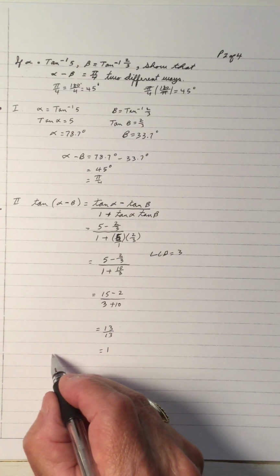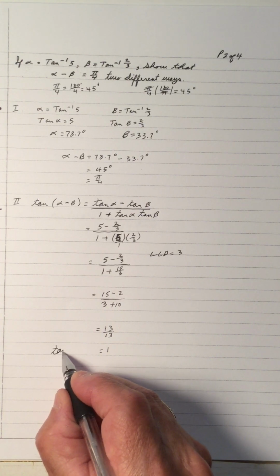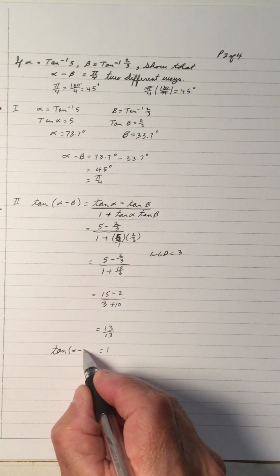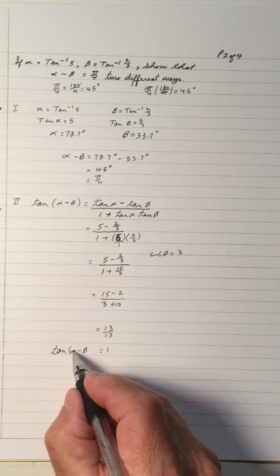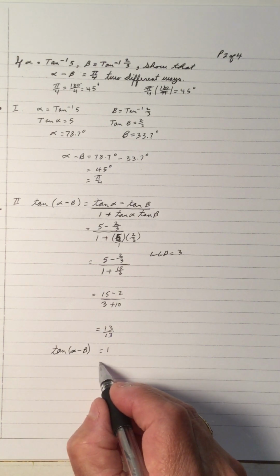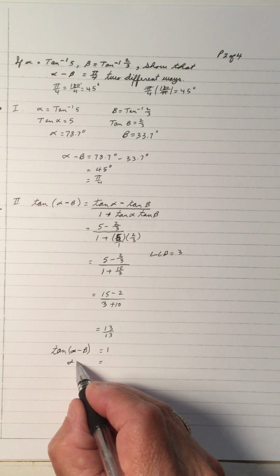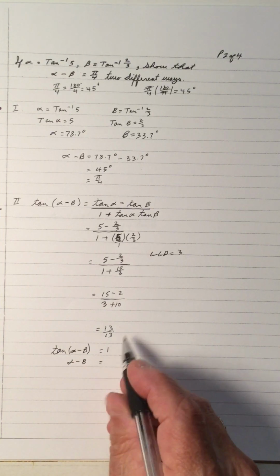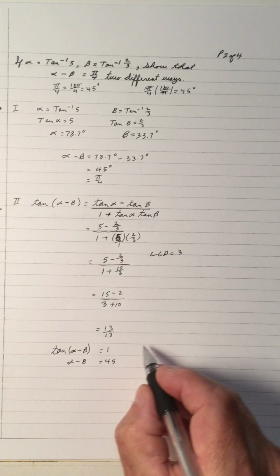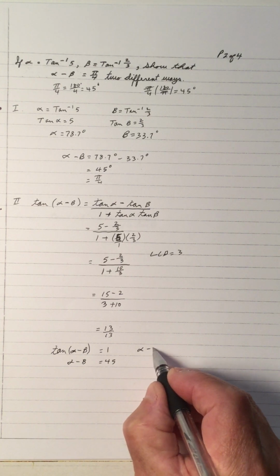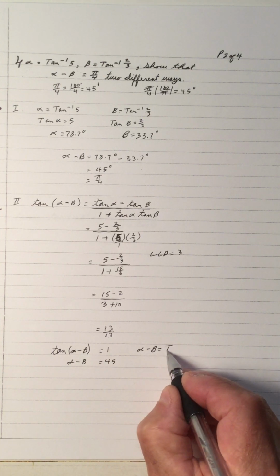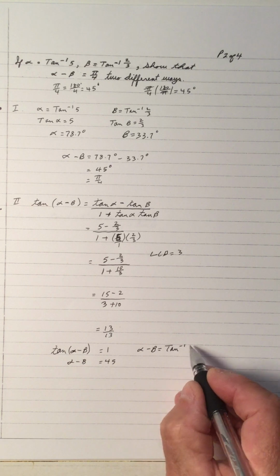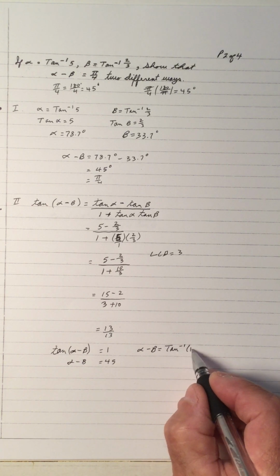So the tan of alpha minus beta is 1. That means alpha minus beta is 45, because alpha minus beta is equal to arctan of 1.